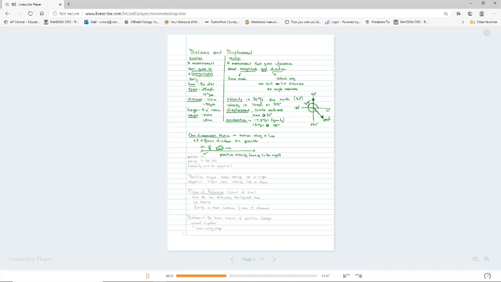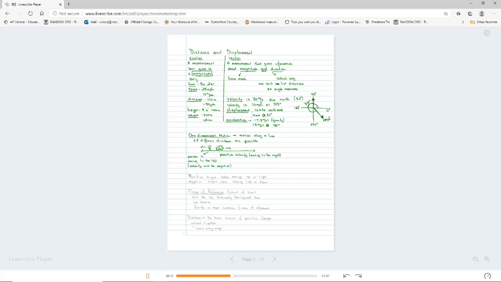This person is moving along a line, so the person is moving to the left. So this person has a velocity, so the velocity will be negative. That's how we indicate it in physics. The positive sign and the negative sign gives you the direction, not the amount, like negative 5 is smaller than 5. Negative 5 is moving 5 to the left, where positive 5 would be moving 5 to the right.